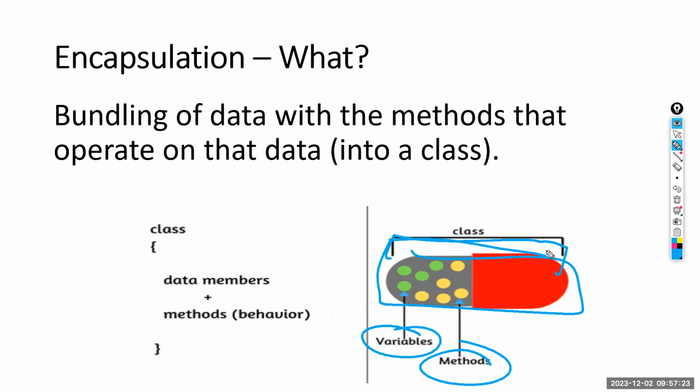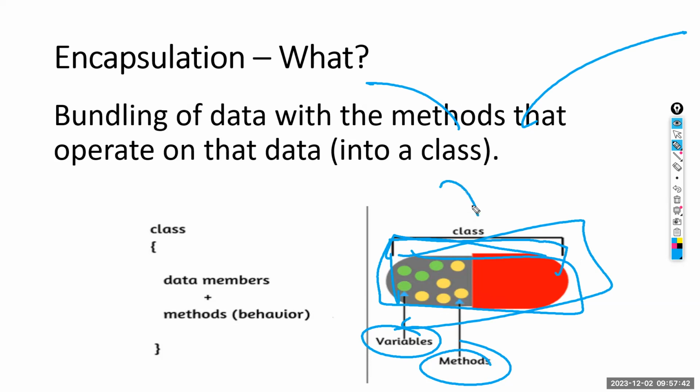So that is what encapsulation is. So in structured programming, your variables and methods are not encapsulated. Variables are separated, process is separated. But in object-oriented, we put it into one structure. Variables and methods related to one particular functionality are in one class. So account class, customer class, right? And so on.